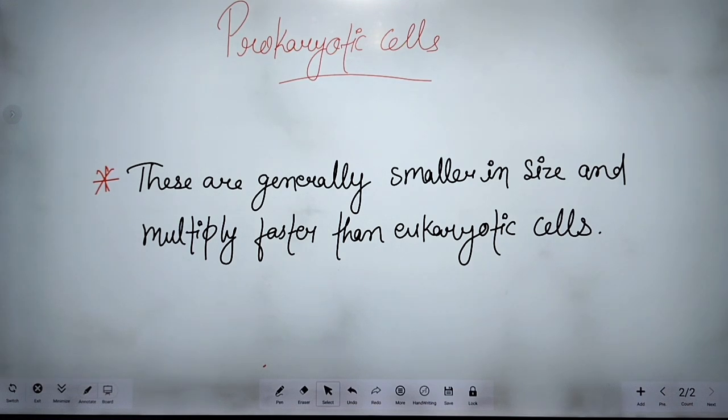Our first point is prokaryotic cells are generally smaller in size and also multiply faster than eukaryotic cells.